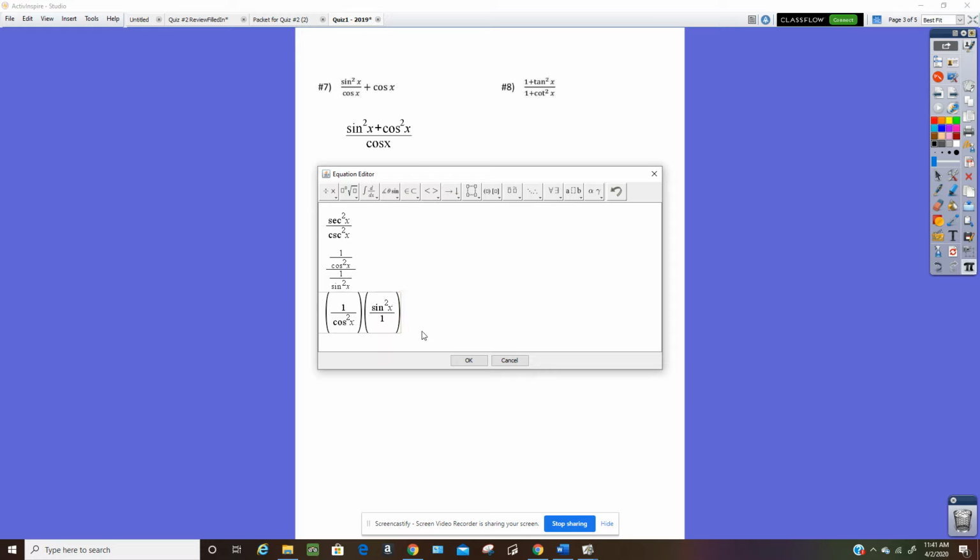And sine squared over cosine squared is tangent squared. So this is equal to tangent squared.